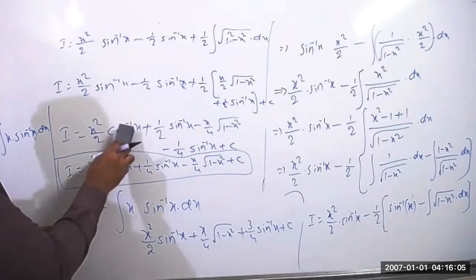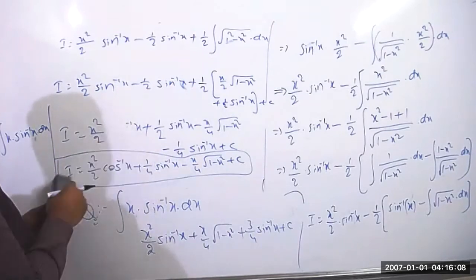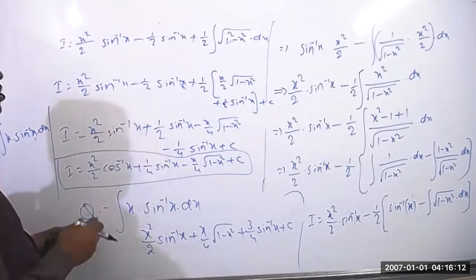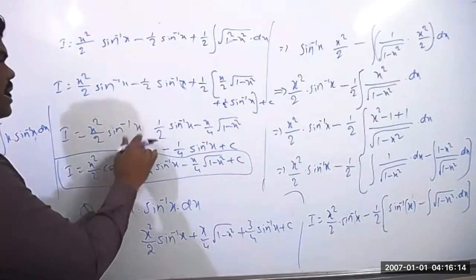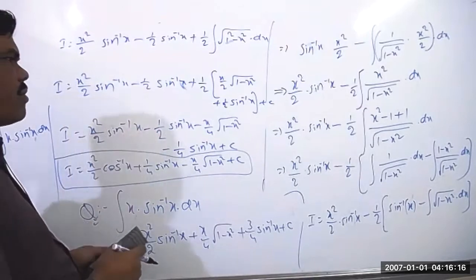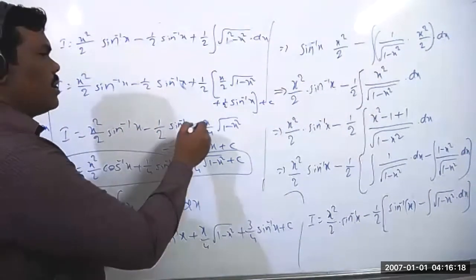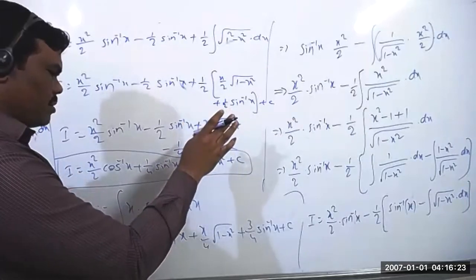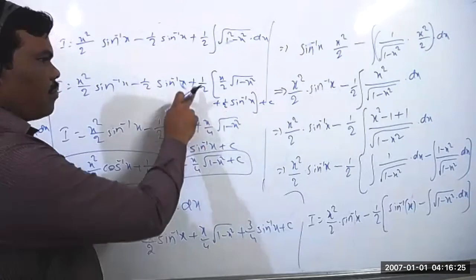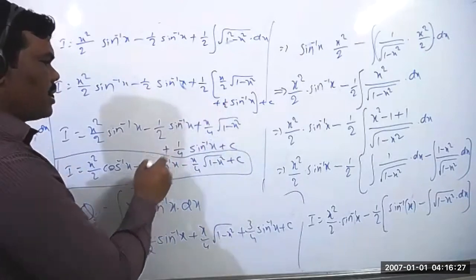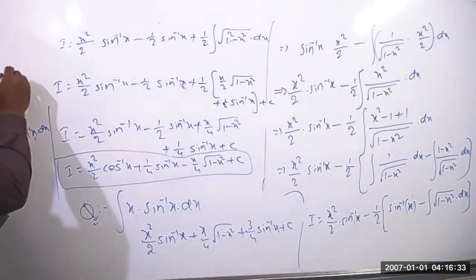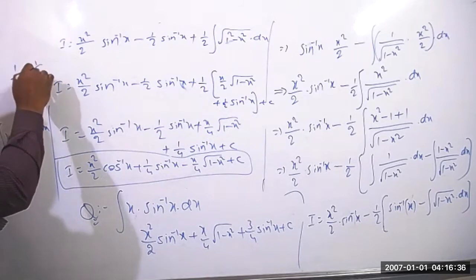Now we can simplify that. x square by 2 into sin inverse of x minus 1 by 2 into sin inverse of x, and plus x by 4 into root of 1 minus x square, and plus into plus equals plus only here, 1 by 4 into sin inverse of x plus c.